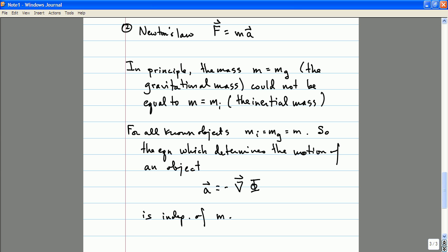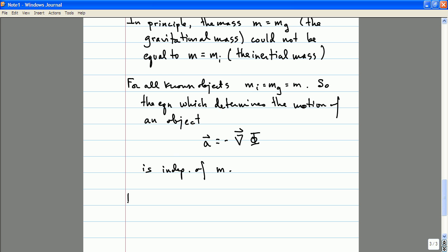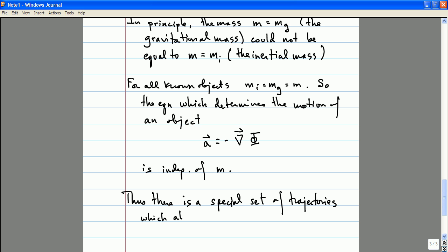Okay. So what does this mean? This means that there is a special set of trajectories which all objects follow if they are subject only to a gravitational force.